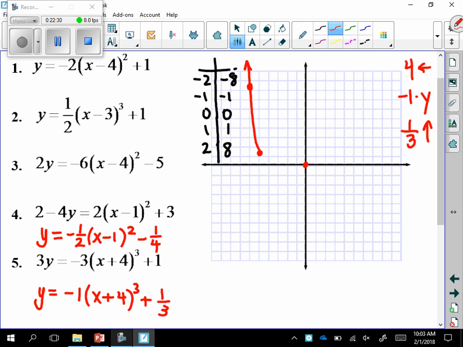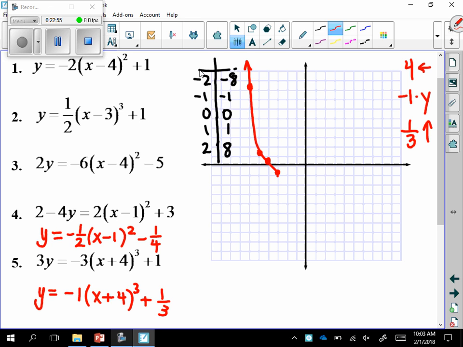Zero, 0. 4 to the left. I don't need to multiply by -1 because the y coordinate is 0, and then up a third. 1, 1. 4 to the left. Multiply the y coordinate by -1, and then up a third.